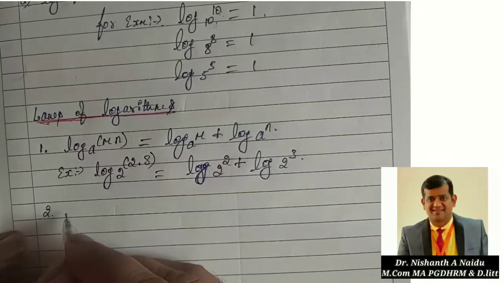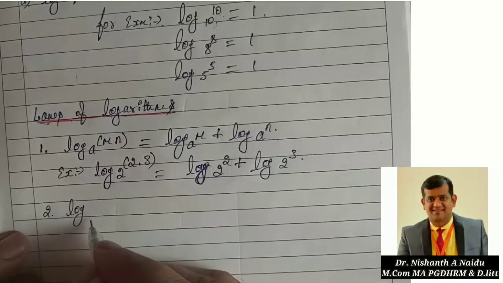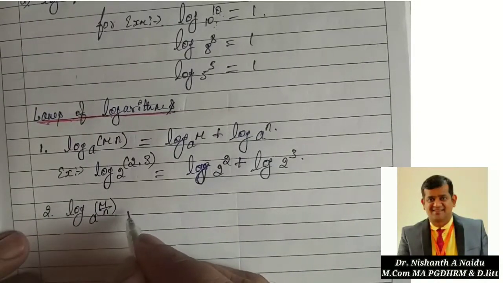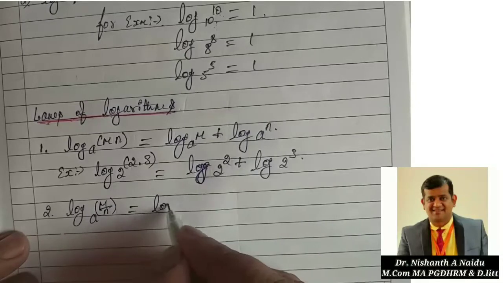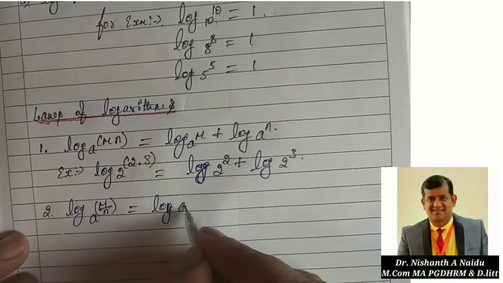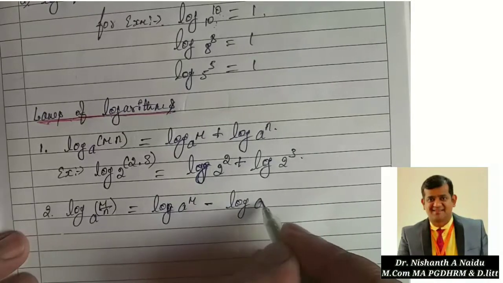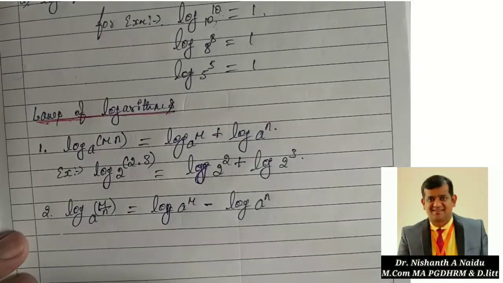Second law, log a to the power m divided by n is equal to log a to the power m minus log a to the power n.